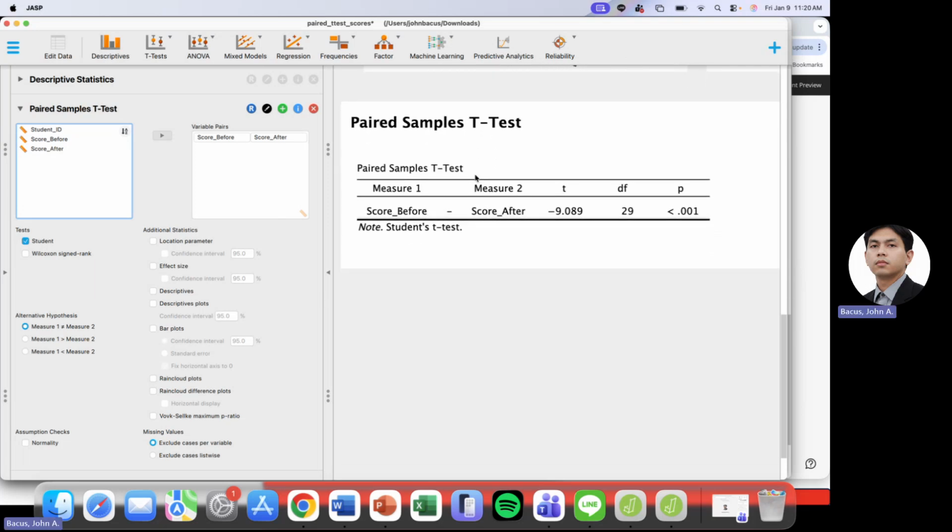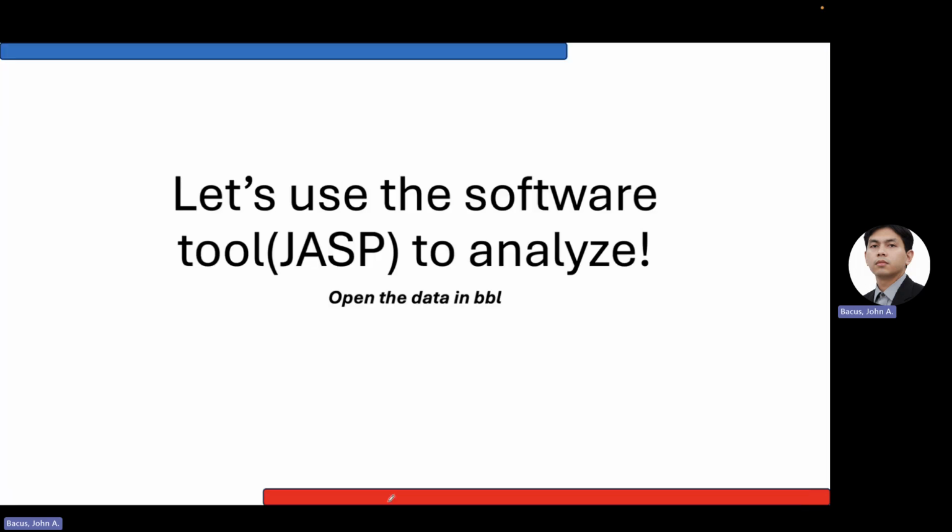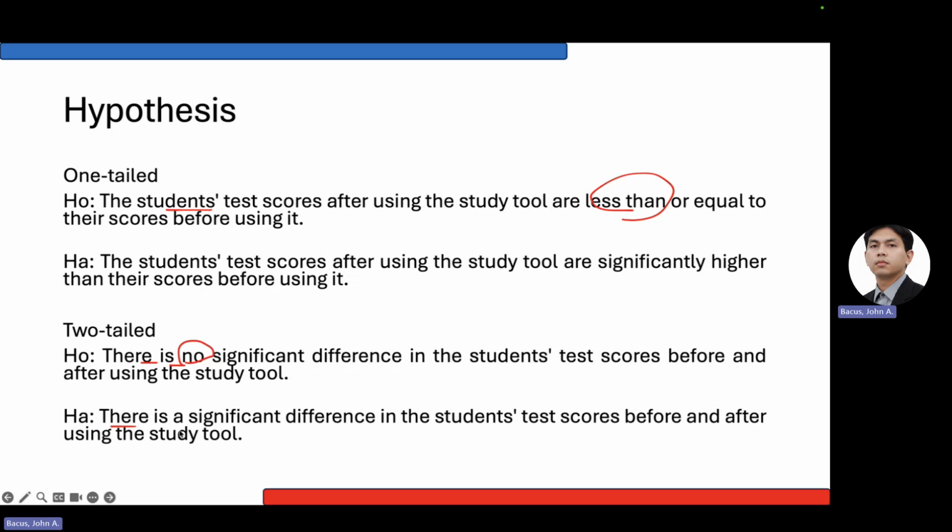Look at this: the p-value is 0.01. That is less than 0.05, so we reject the null hypothesis, meaning there is a significant difference in the students' test scores.